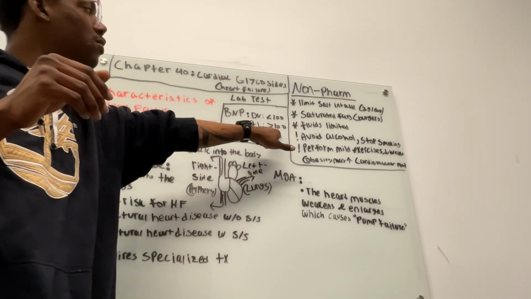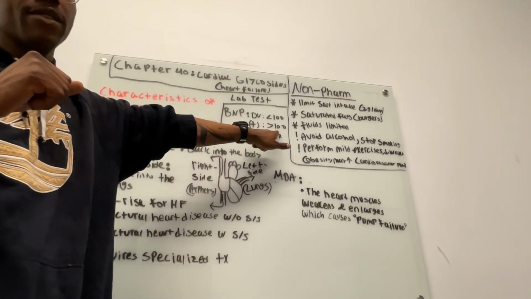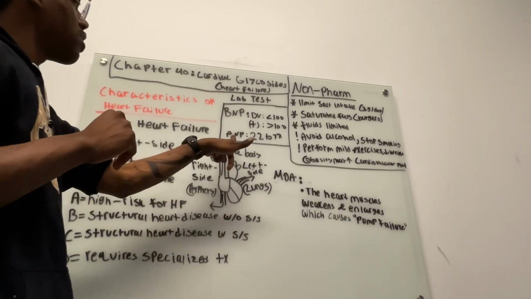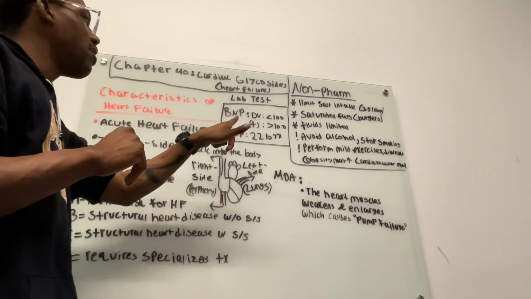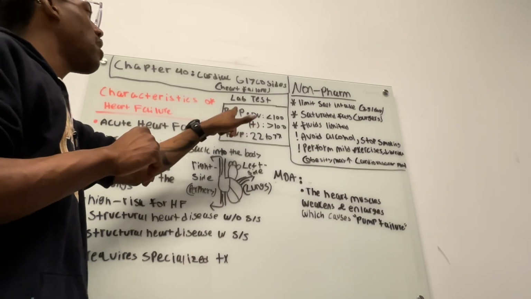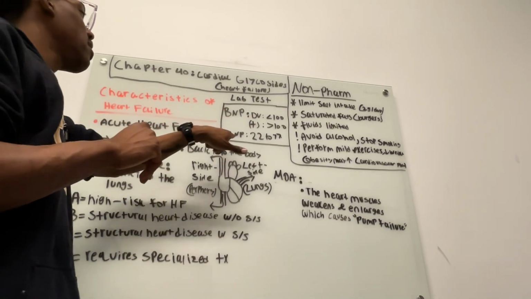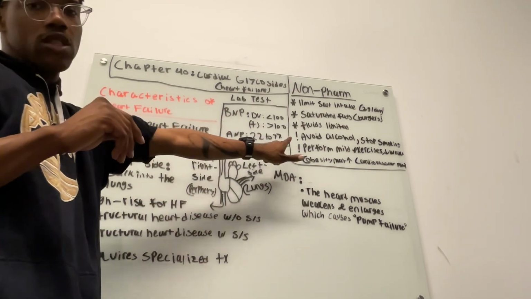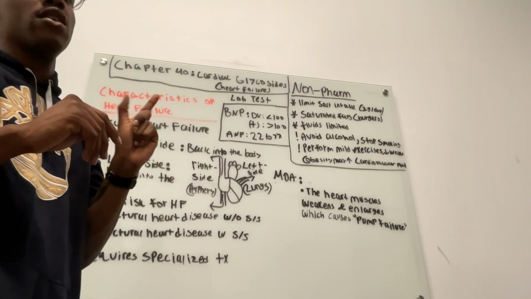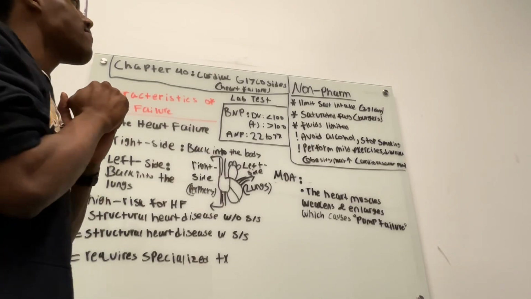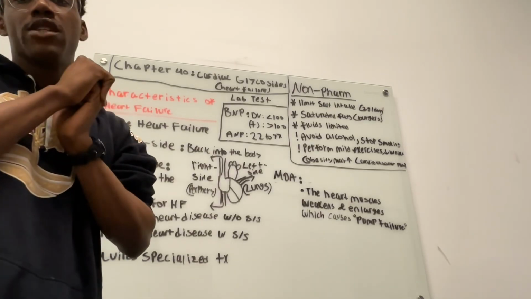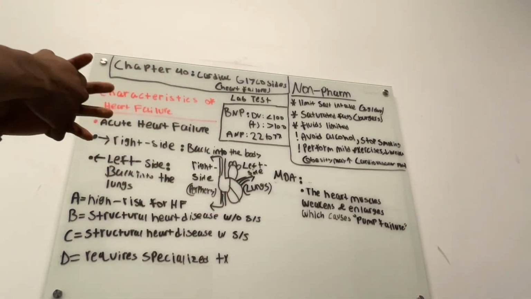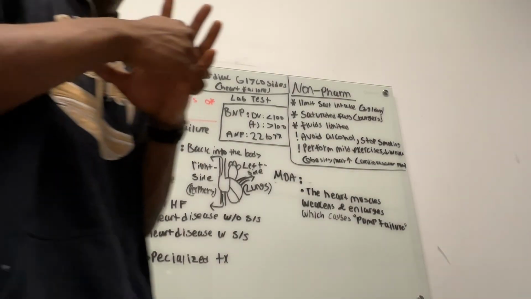So if it's greater than 100, you most likely have heart failure. And then you also want to check ANP. It's atrial natriuretic peptide, and it's going to be 22 to 77. So think, okay, I'm adding 22 to 55, which is 77. So 22 to 77.